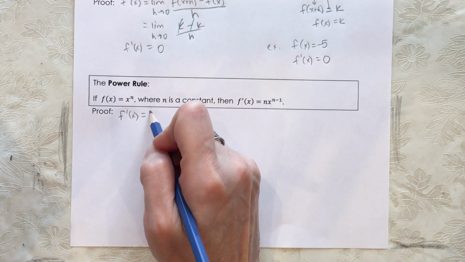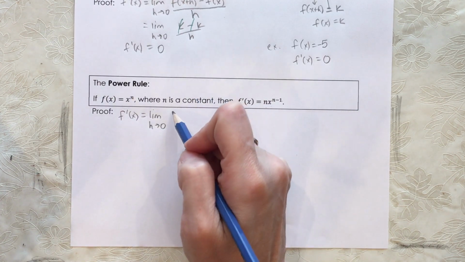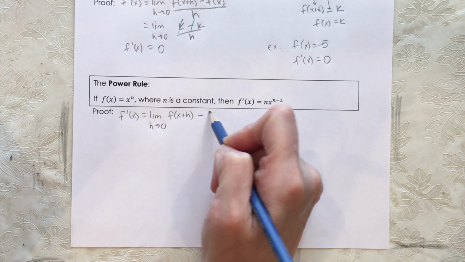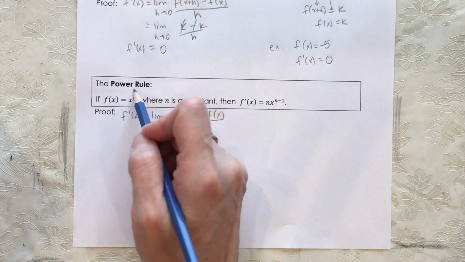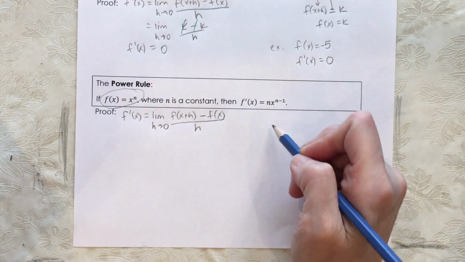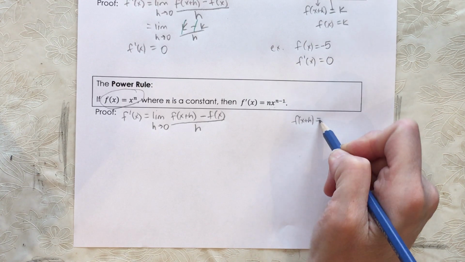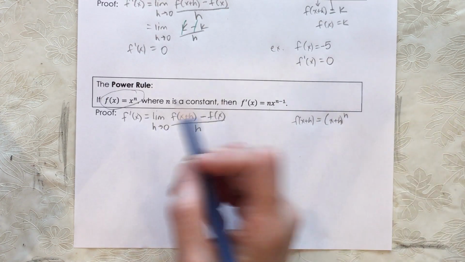So we start off with our derivative formula. And this is our defining function for f at x. So if we had f at x plus h, it would be x plus h to the power of n.